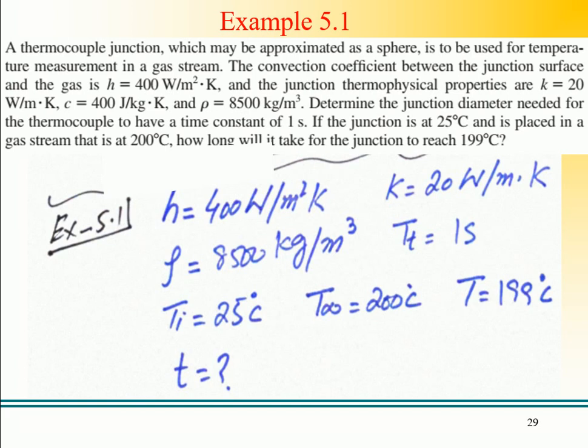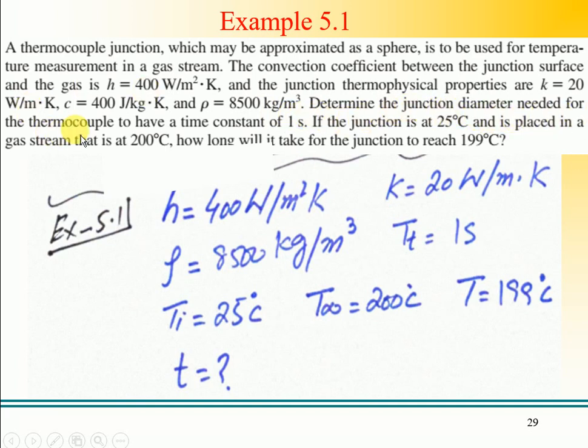Let's see one of the examples we'll solve today. A thermocouple junction, which may be approximated as a sphere, is to be used for temperature measurement in a gas stream. The convection coefficient between the junction surface and the gas is h = 400 W/m²K, and the junction properties are k = 20 W/mK, specific heat c = 400 J/kgK, and density 8500 kg/m³.